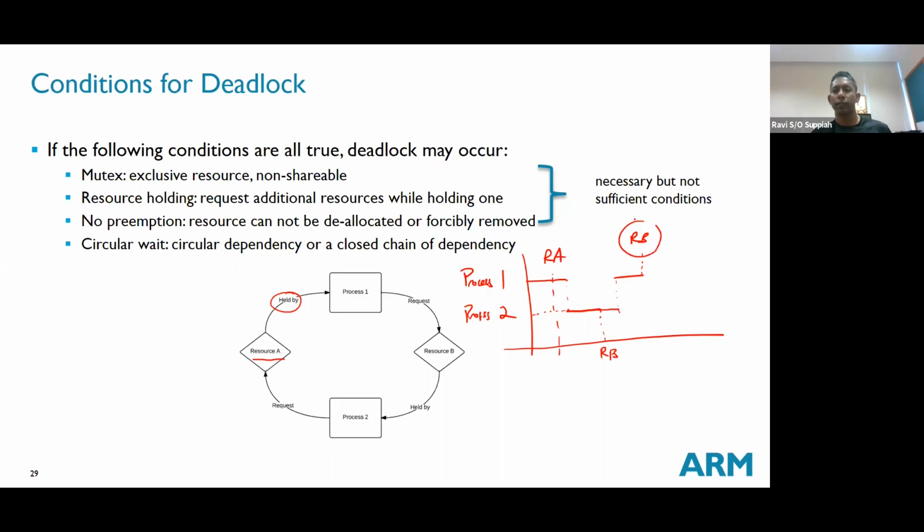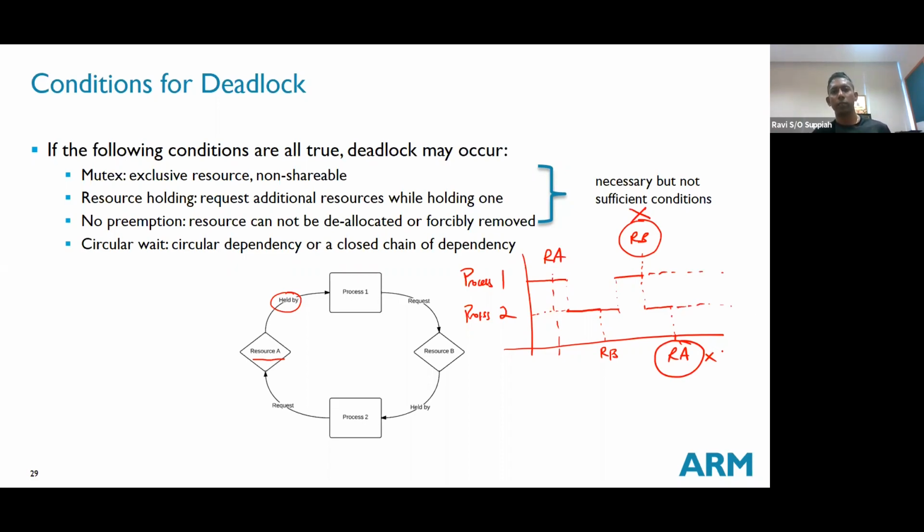So it will not get it, and it will go to a blocked state. Then process two runs and tries to acquire resource A. Resource A is already held by process one, so this also cannot work and it becomes blocked. From this point onwards, both of them are blocked indefinitely.